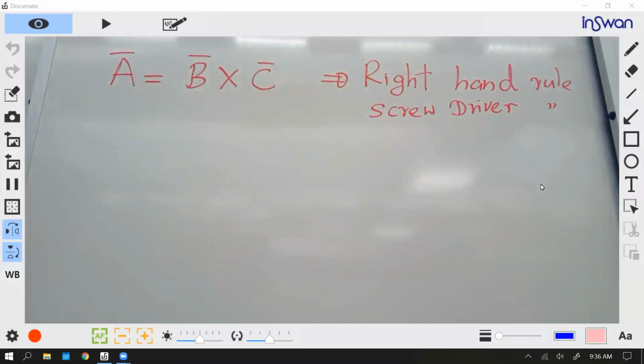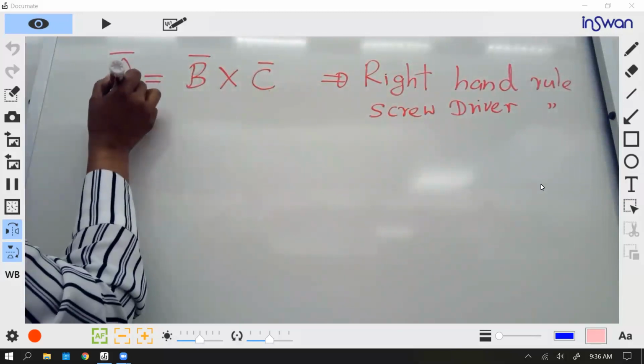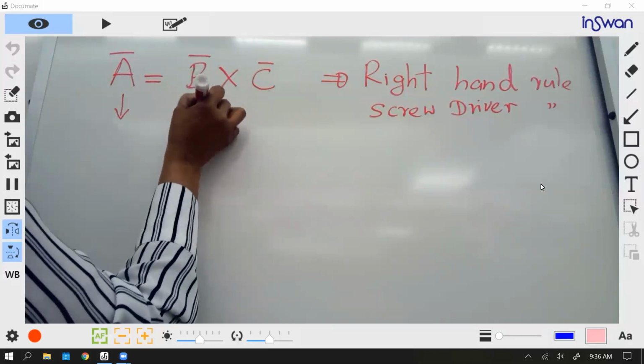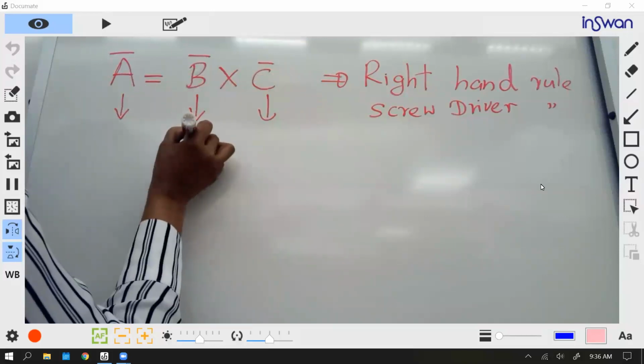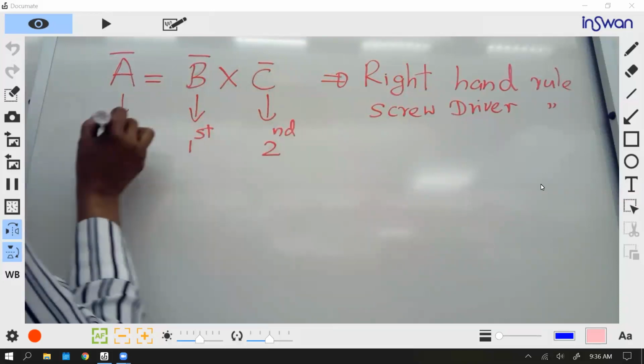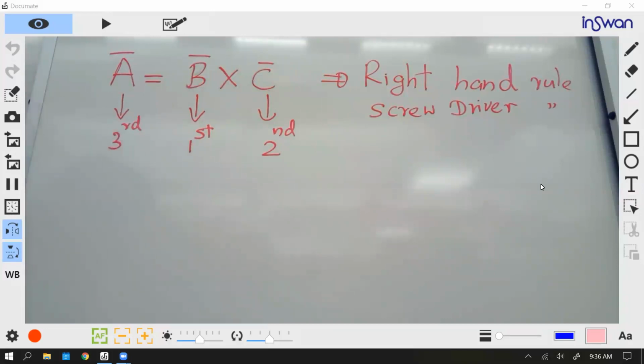Right. So now we're going to label those vectors to make it easier, right? I'm going to say these three vectors: this is my first vector, this is my second vector, and this is my third vector. So now the right hand rule shows you the direction of your third vector. We know how to do the cross product by using matrix multiplication.